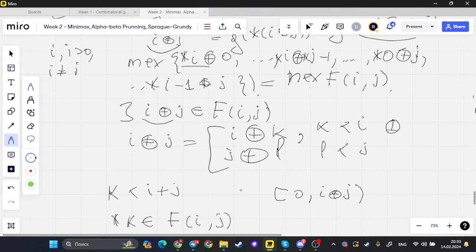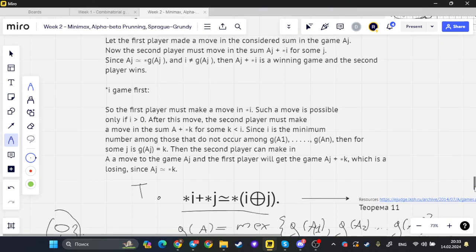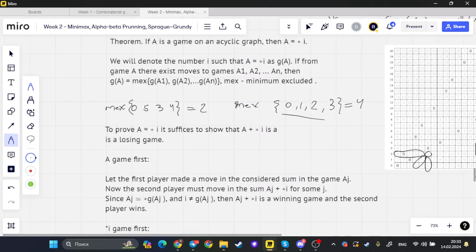Okay, it means they belong to f e g. It means if we take the max of this, we get e plus g, because max is the minimum excluded value here. Okay, we get the same.